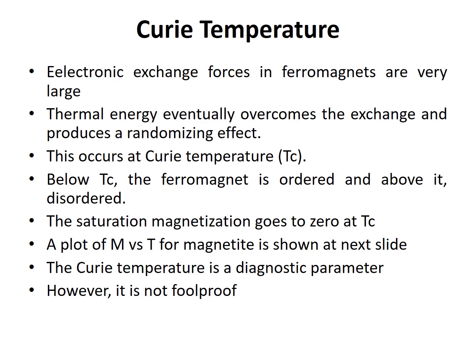So, when a ferromagnetic material is placed in an applied magnetic field, it will enhance its magnetization. But if we apply temperature, temperature will have an inverse effect on magnetization because it will provide kinetic or potential energy, and it will try to produce a randomizing effect on the material, and ultimately the material will lose its magnetization.